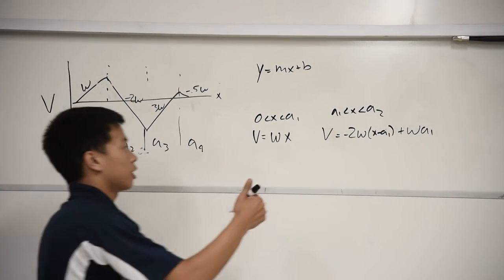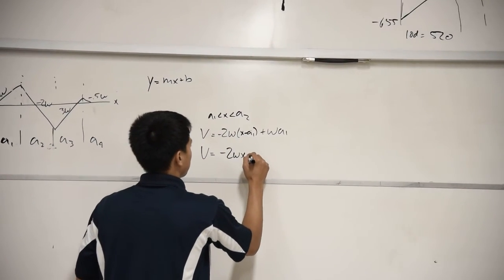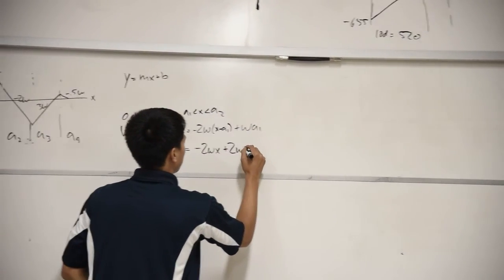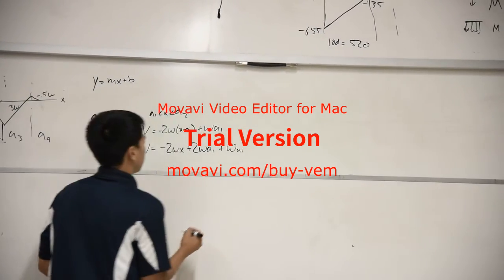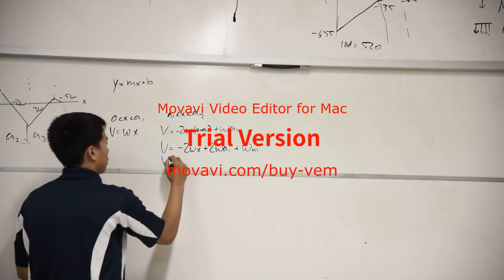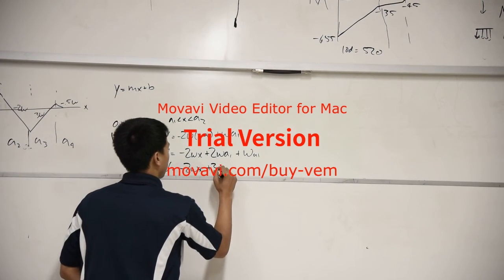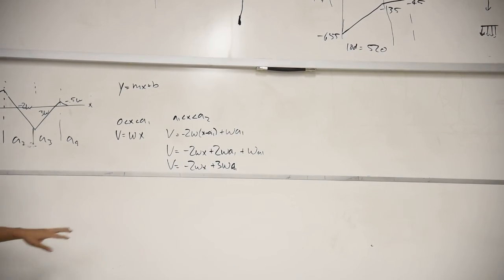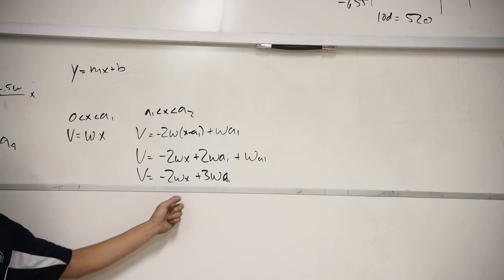Okay? So when you work this out, you get x plus 2WA1 plus WA1. Now you get this equation. What you're doing is, when you're writing the shear equation, you're writing the equation of the line.